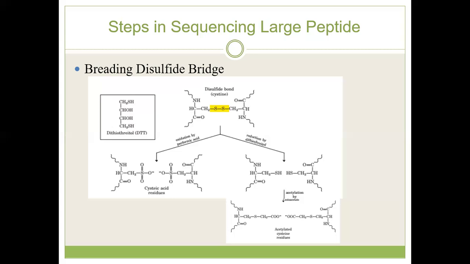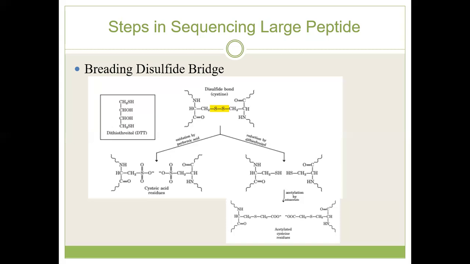When you reduce, you can put an acetyl group so that they will not go back, by adding iodoacetate. When you put iodoacetate, it will be acetylated, so you will have an acetylated cysteine residue.